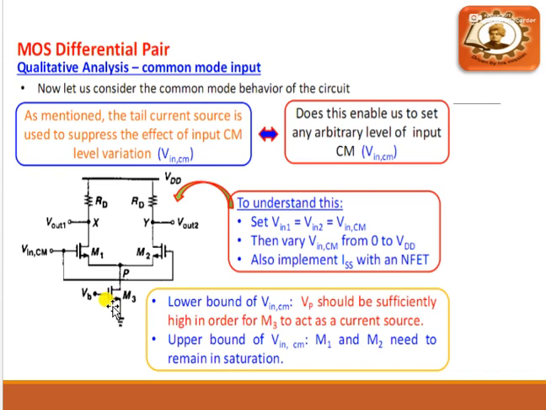In case of the upper bound of the input common mode level, M1 and M2 should be in saturation region to operate as a differential amplifier. So this is the basic concept of the differential amplifier, and the drawback of this amplifier can be removed by a simple current source to adjust its common mode input voltage level. So that's about our today's class. Thank you.